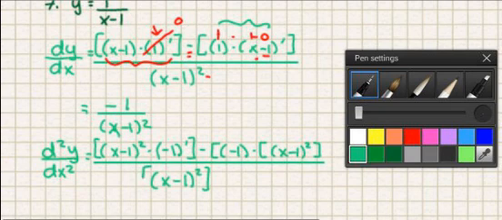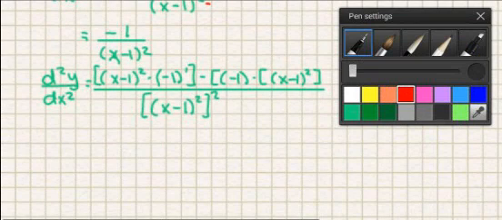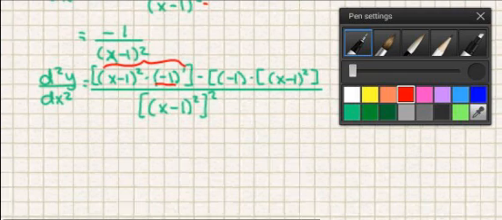And then the denominator gets raised to the power of 2 again. Okay, so I'm going to break this down a little bit. So this term again is going to equal 0. Remember, this is a constant, so that's going to be 0, so just forget about it. Let's move on to the second term.